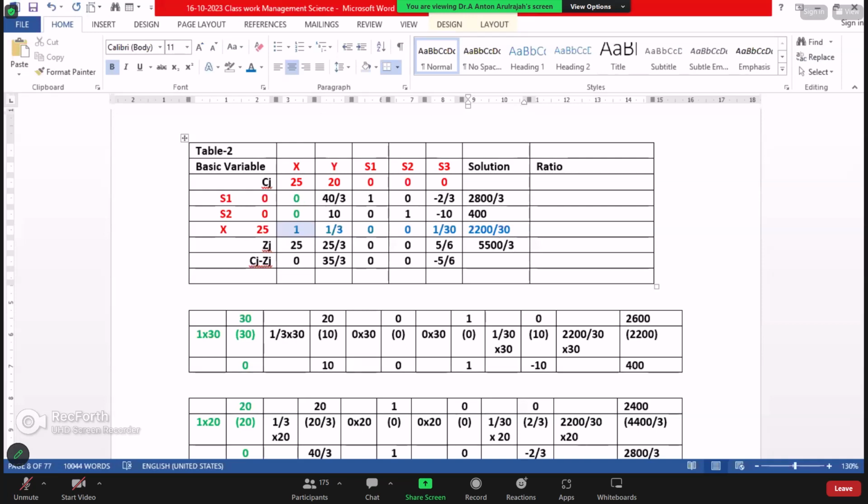So if you divide it in decimal, 1,833. Right? So that's why it is 1,833 in table number 2.